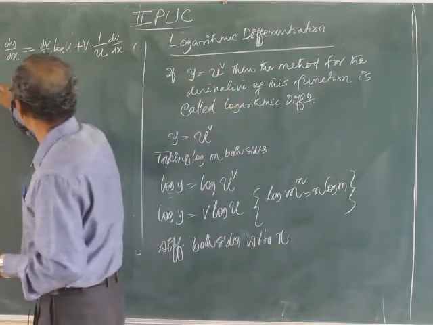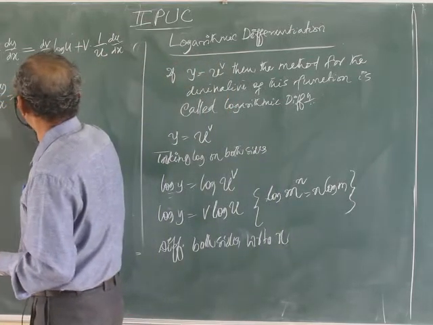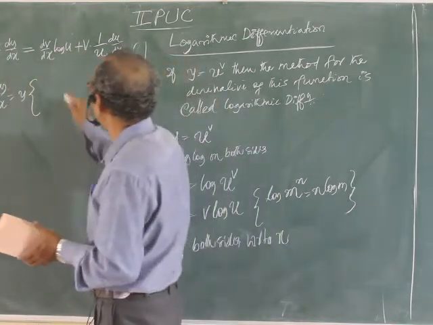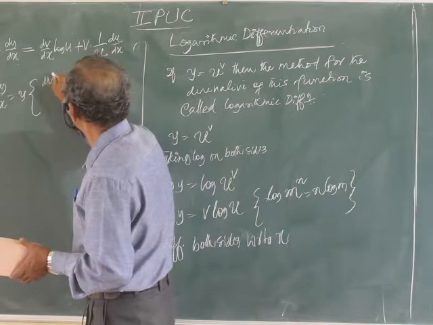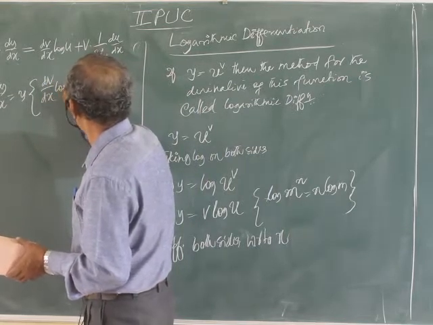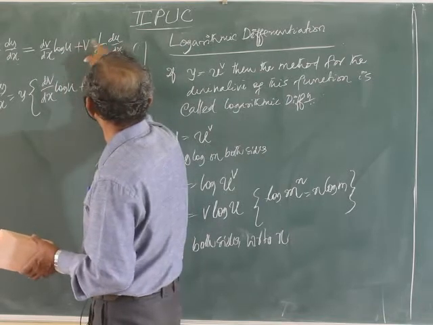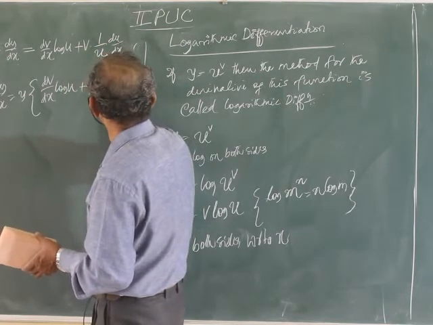Finally, dy by dx, we need that one. Bring that y to the right hand side: y into dv by dx log u plus v by u du by dx.